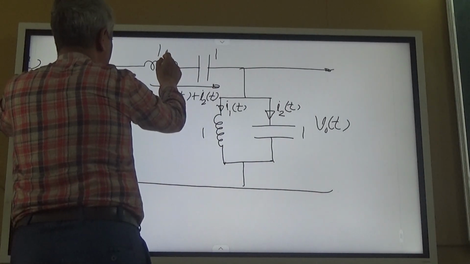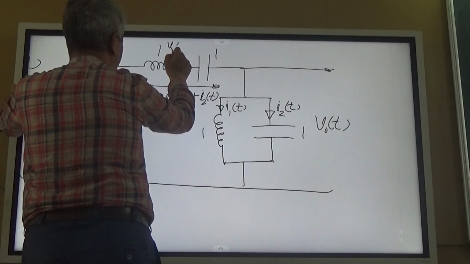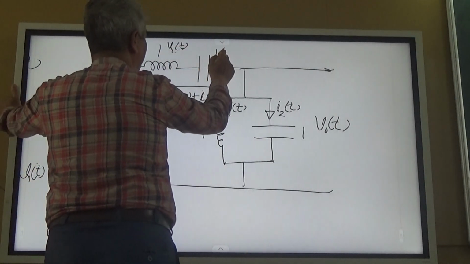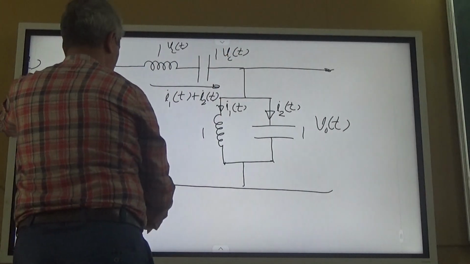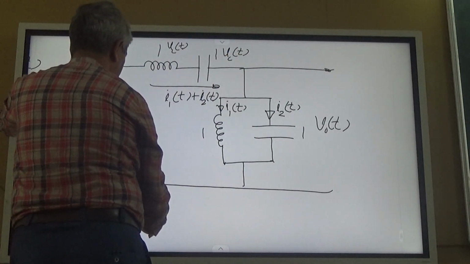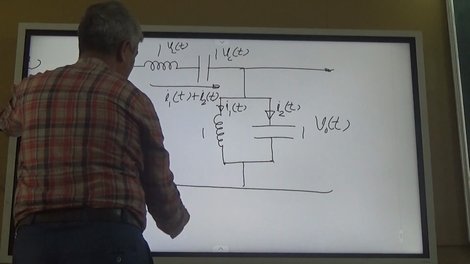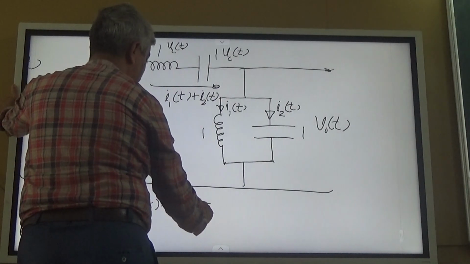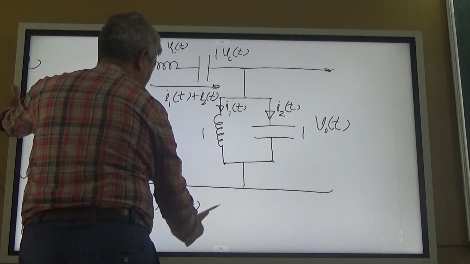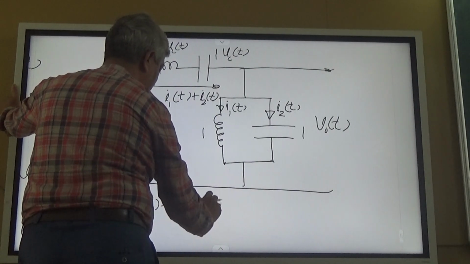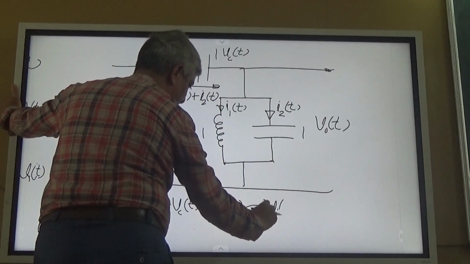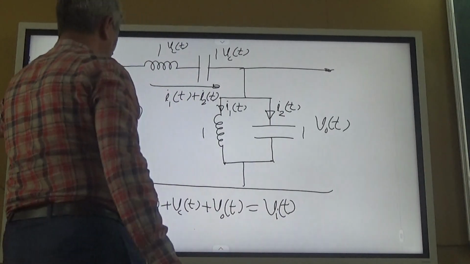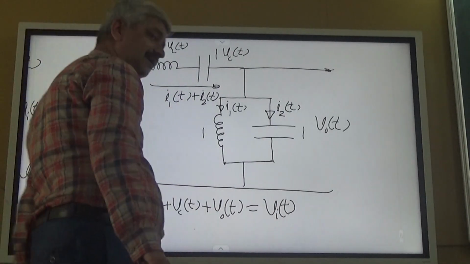Now this I will define as V_L and this I will define as V_C(t). So V_L(t) plus V_C(t) plus V_O(t) equals V, right?